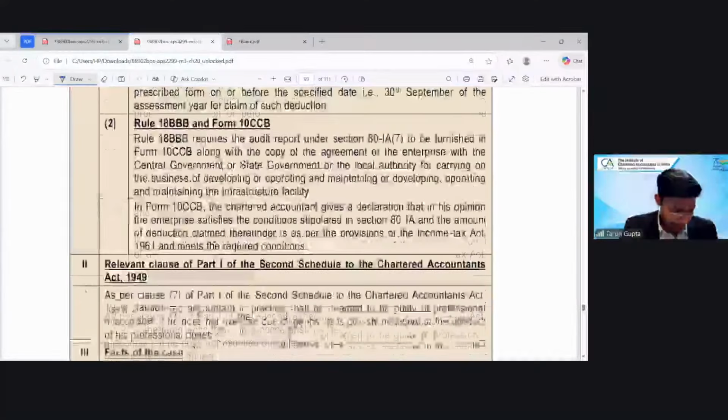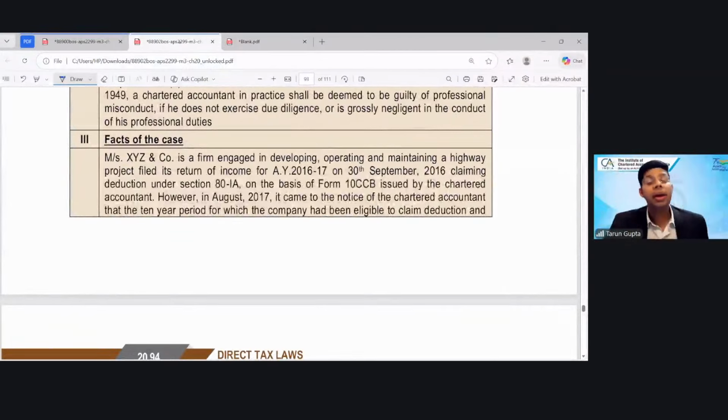Now, case 3. Here, the CA gives a certificate under section 80IA, certifying that the assessee is eligible for a deduction under section 80IA. But subsequently, he realized that the period for which the deduction is allowed has already expired. Once he realized, he immediately revised his certificate and asked the assessee, the client, to revise the return and withdraw the deduction.